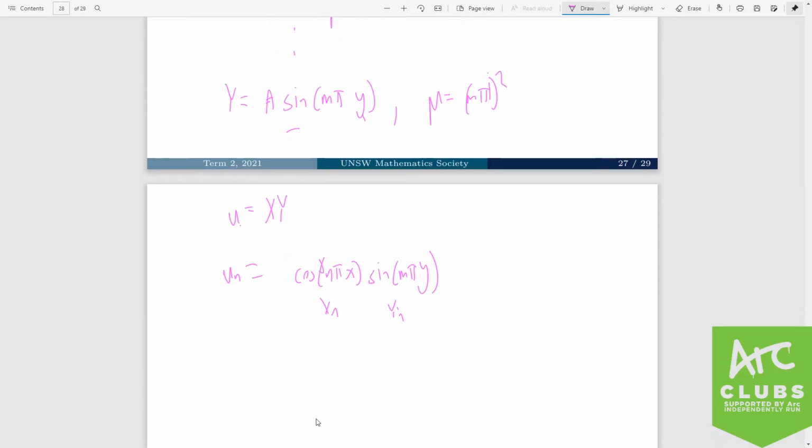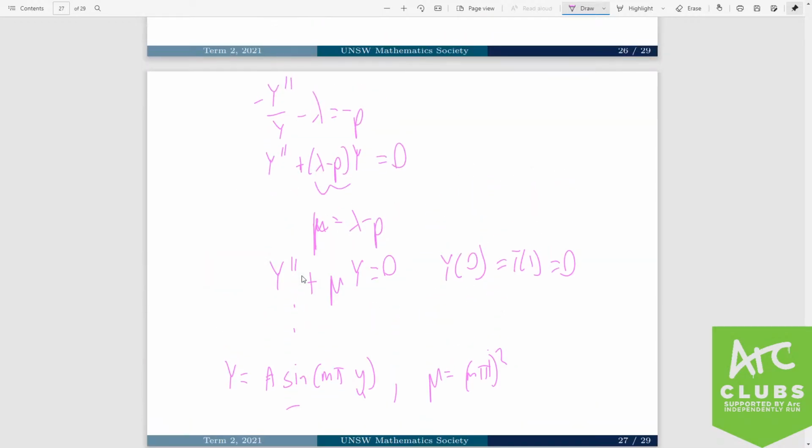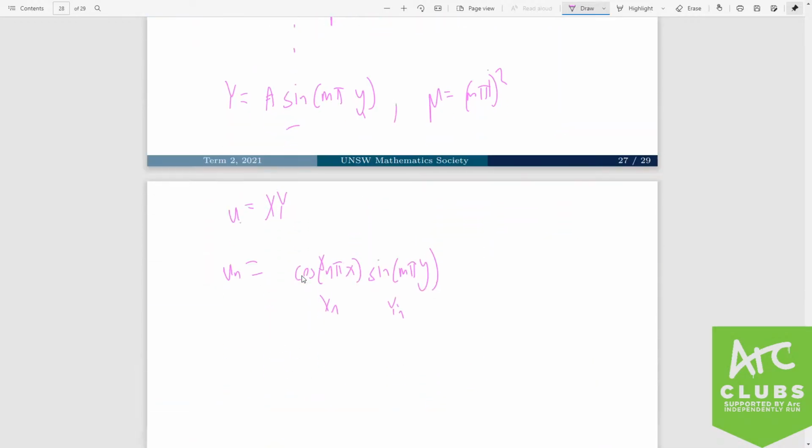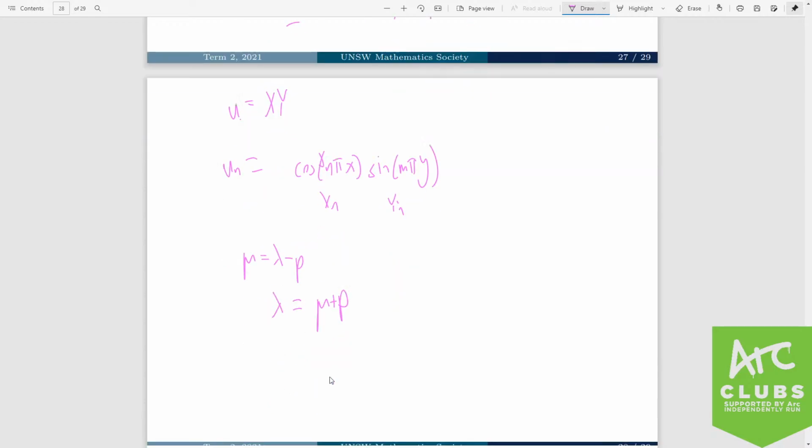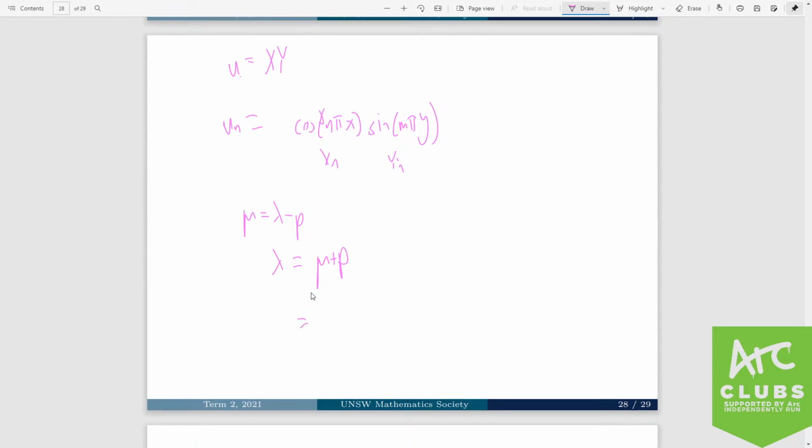In our respective lambda, since we let mu equal lambda minus p, then our lambda would equal mu plus p, which is equal to m pi squared plus n pi squared.